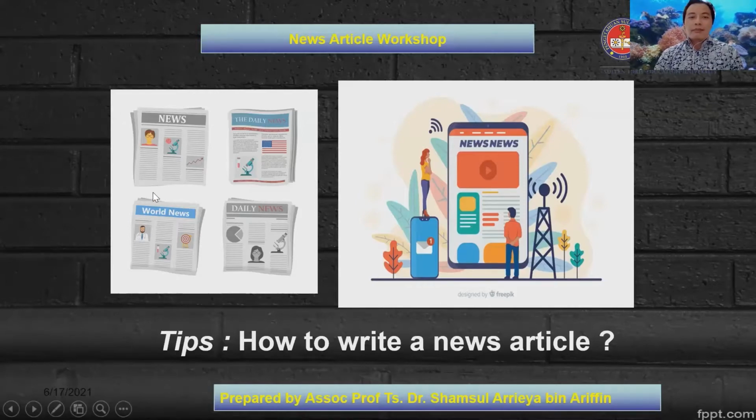So basically this workshop is on the tips on how to write a news article. At first when Dr. Haziq invited me to present this workshop, I was a bit worried because my experience is just a few years in writing articles. However, by conducting this kind of sharing, I can at least share some tips that you can take with you.